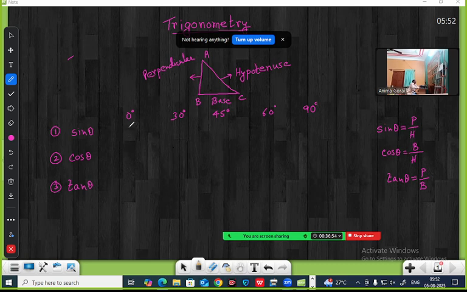First of all, sin 0. The value of sin 0 we will find in this way, that is root over 0 by 4. And this is 30 degrees, root over 1 by 4. And this 45 degrees, root over 2 by 4. And 60 degrees, root over 3 by 4.